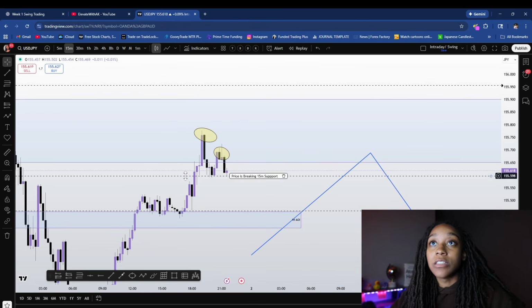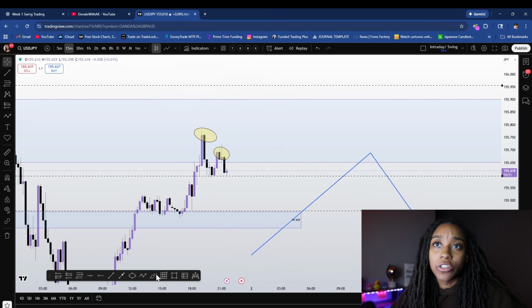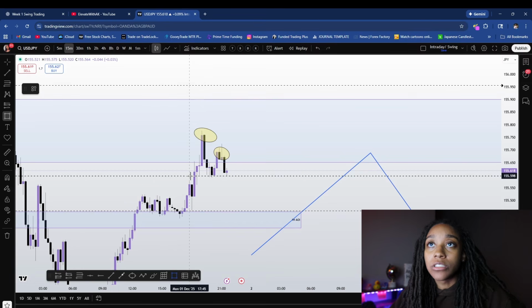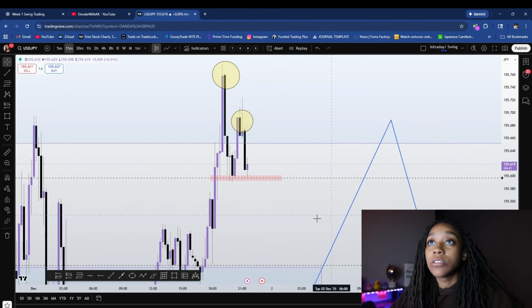So I understand that this is a 15 minute low, and I understand that if that low gets broken, we are shifting structure here, right? So I would mark up this 15 minute low, and I would place an alert, which I've already done, saying that price is breaking 15 minute support.